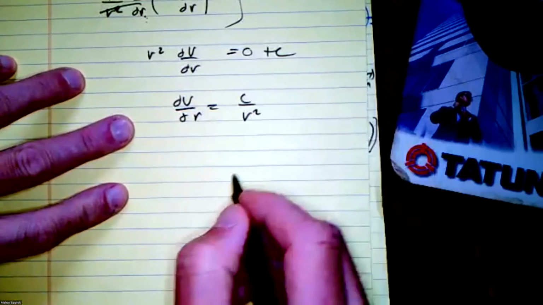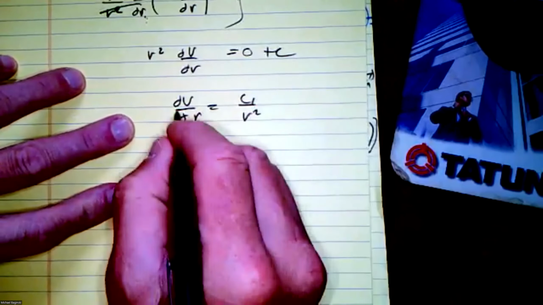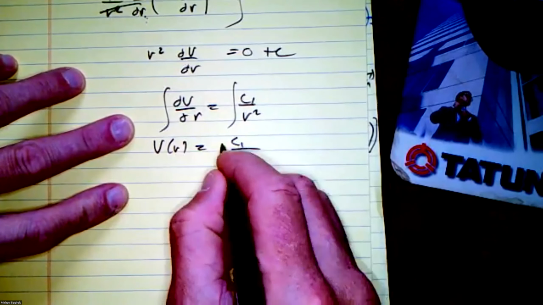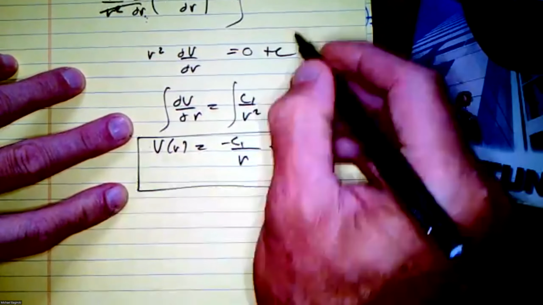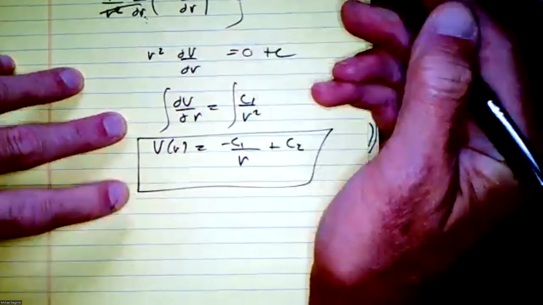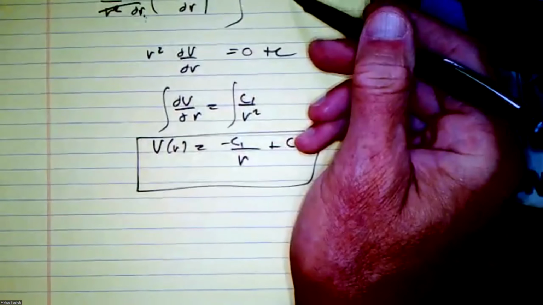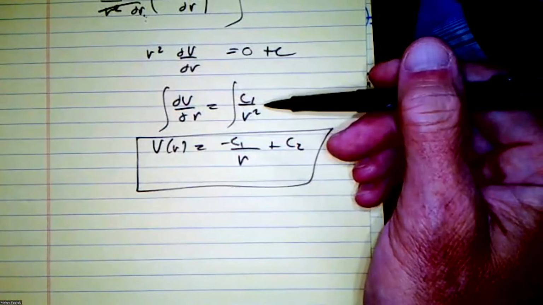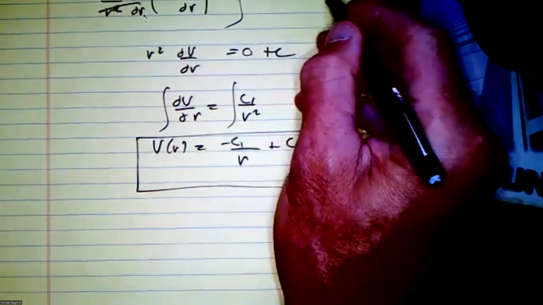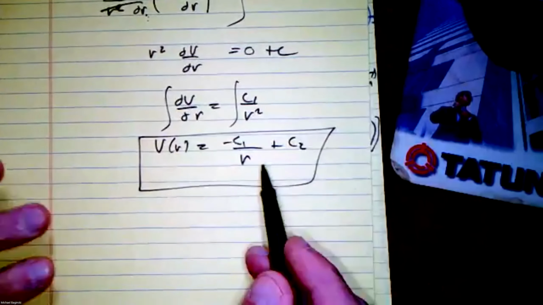And when I integrate this side again, call it c1, and integrate both sides, now I get v of r is equal to minus c1 over r plus c2. I'm sorry about that. That's 0 dv. 0 integrating dr is still going to give me 0, and it's a complete differential, so I have to take that plus a constant.